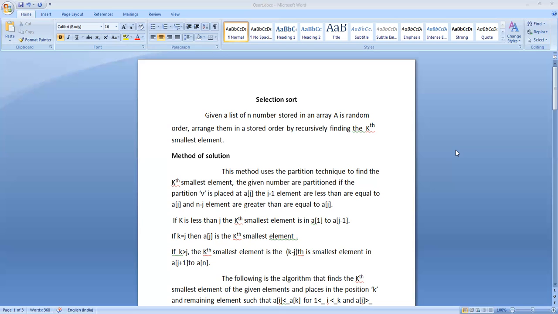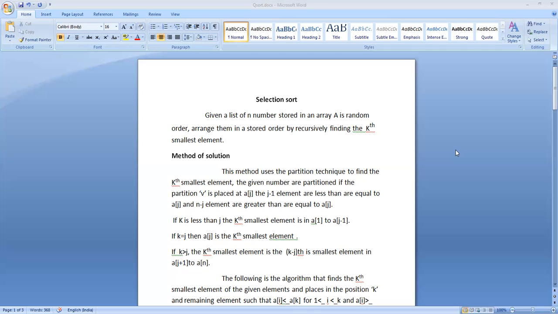For example, you are given some 10 numbers. You want to find the fifth smallest value. Instead of finding the fifth smallest value, you might be finding the seventh smallest value, and the seventh smallest value will be placed in the sorted sequence. Okay. Now we have to repeat the problem again.